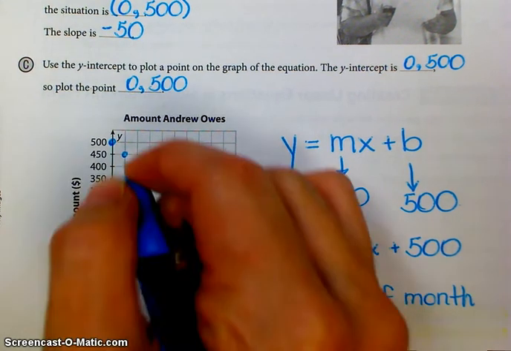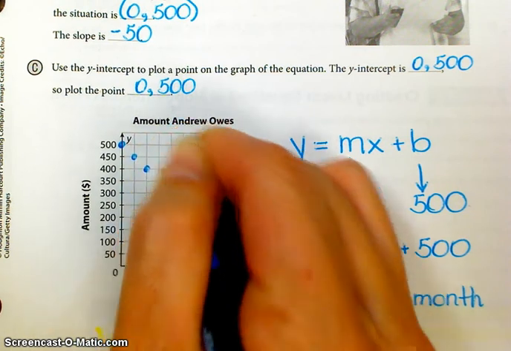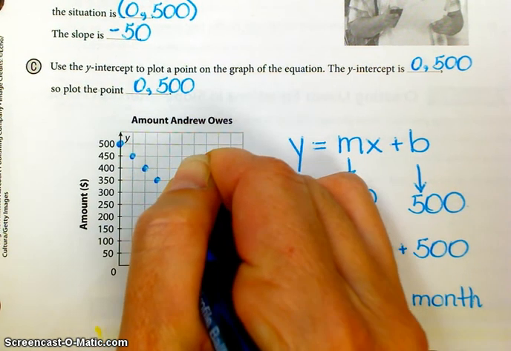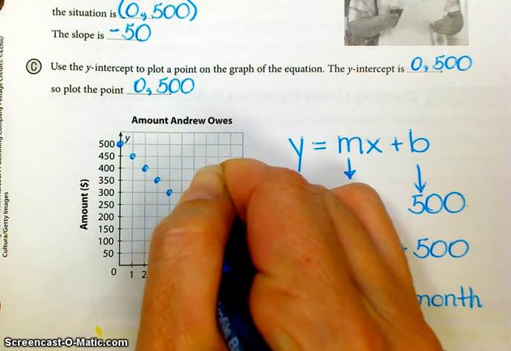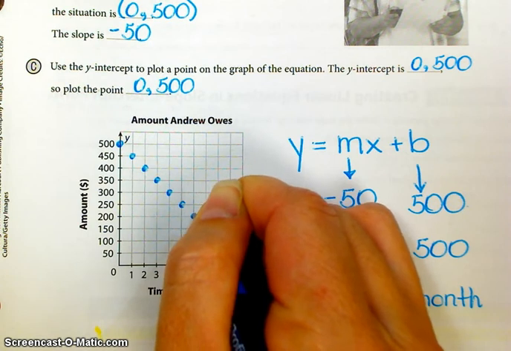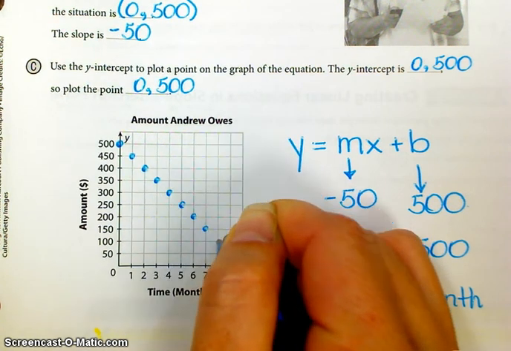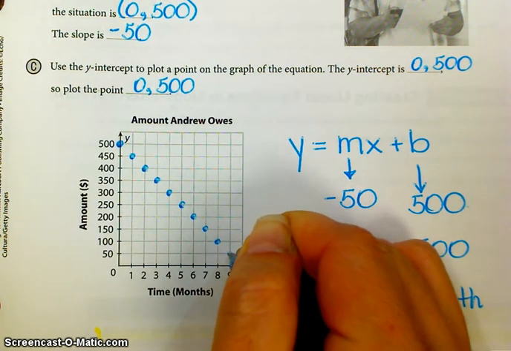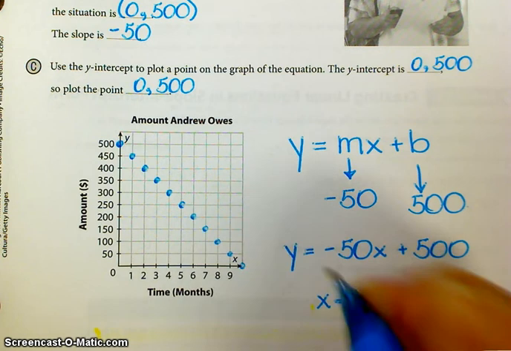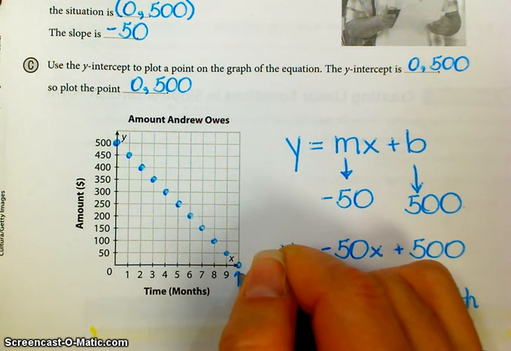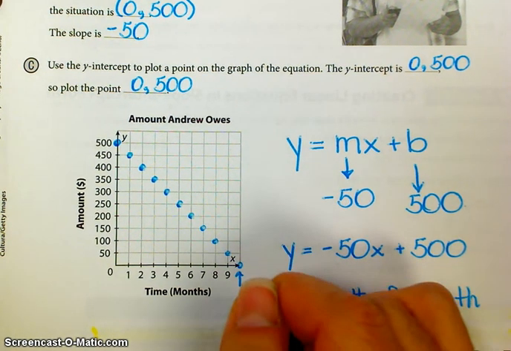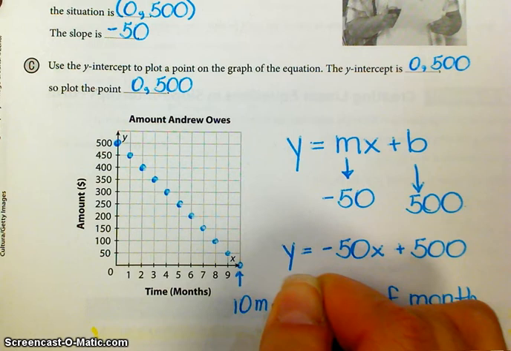Negative 100 plus 500 is 400. And you can see that he is paying this down by $50 a month each month until he finally gets it paid. A little bit of thinking will tell you that it's going to take him 10 months to pay that back.